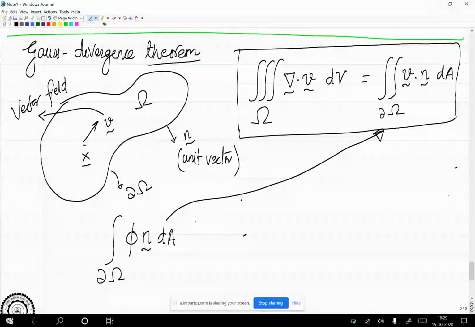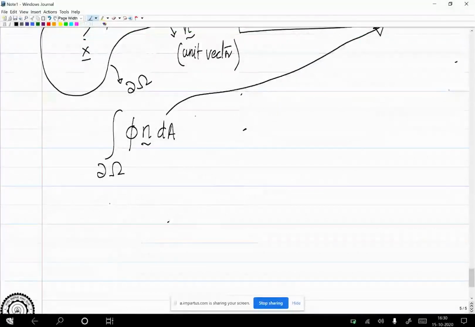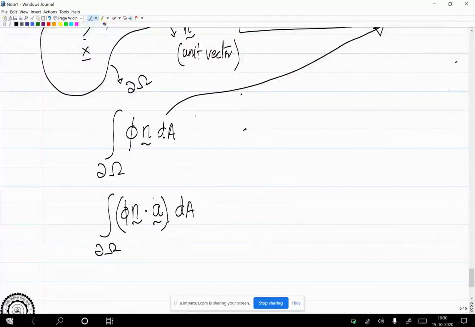But here in this integral, I have a scalar field phi multiplied with n. So it is certainly not of that form. But we can do a trick here. So instead of finding this, let us do the following. Why don't we find out this thing: phi n dot an arbitrary vector A dA, where A is constant but arbitrary.